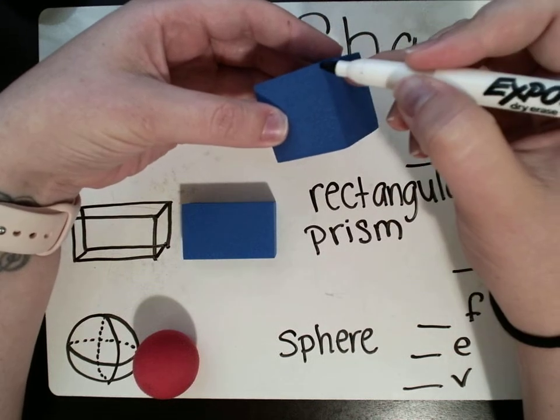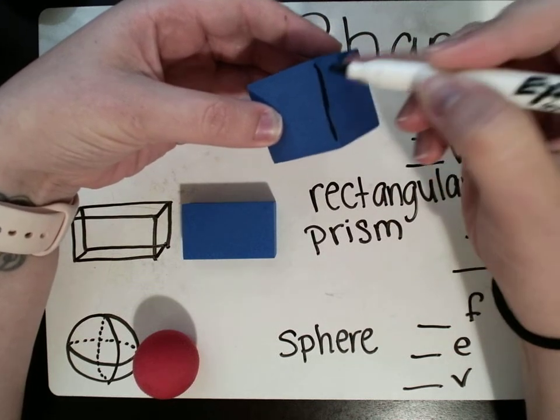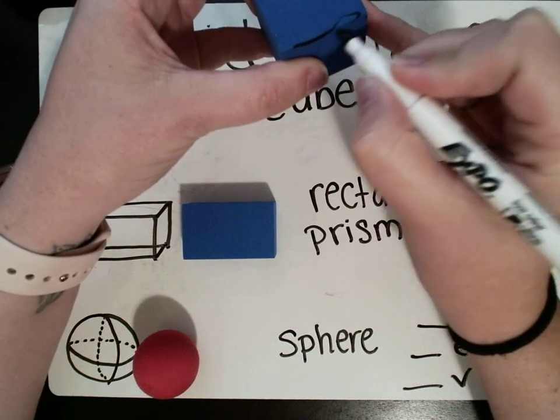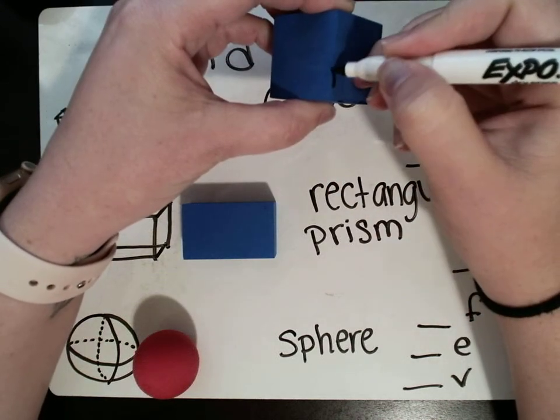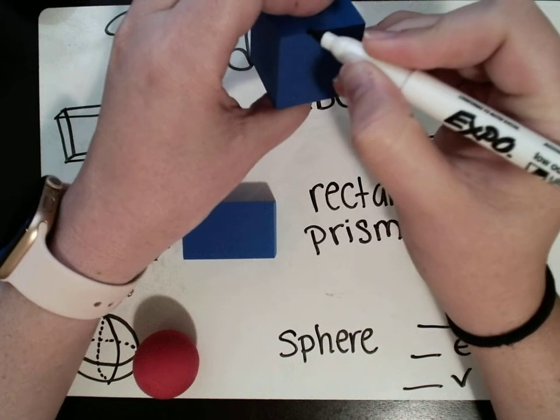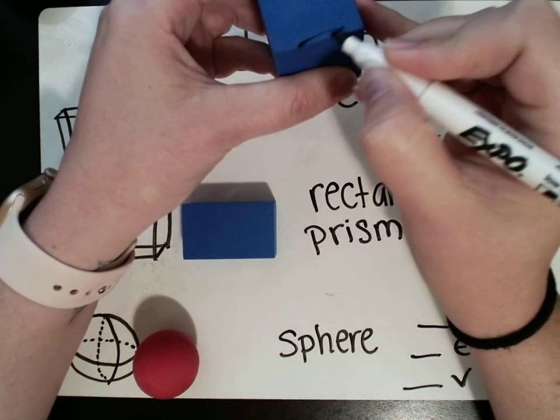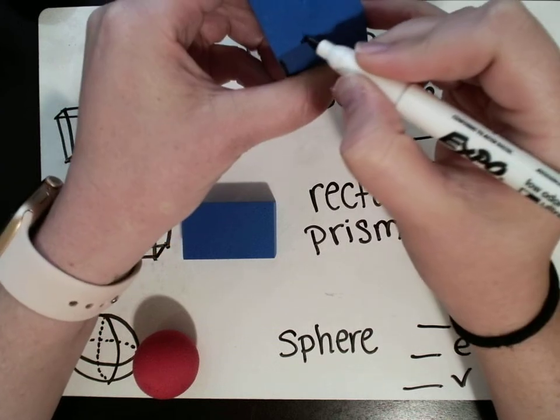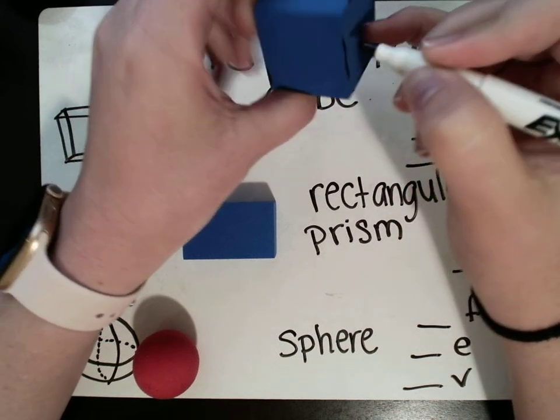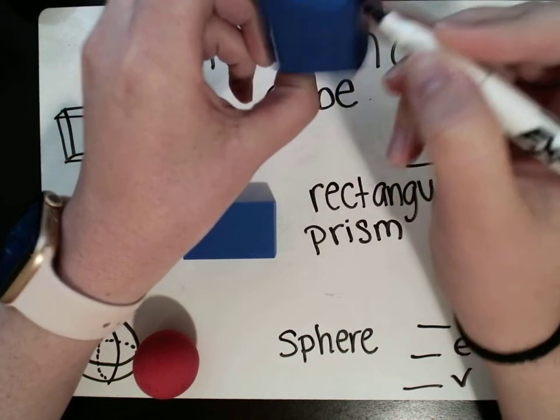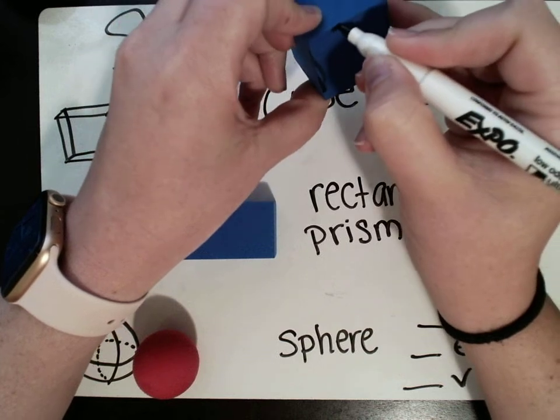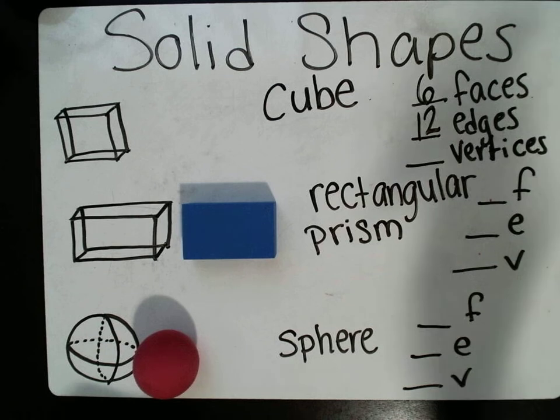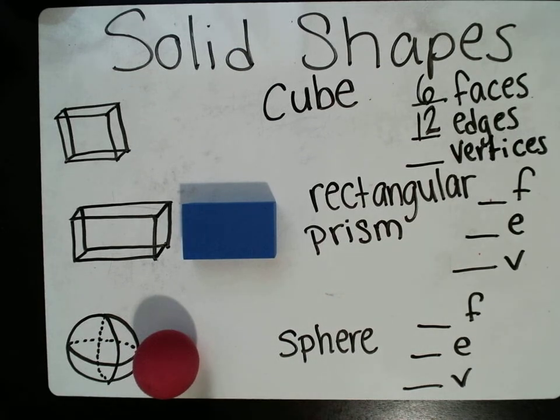Let's mark these. 1, 2, 3, 4, 5, 6, 7, 8, 9, 10, 11, and 12. So there are 12 edges on a cube.